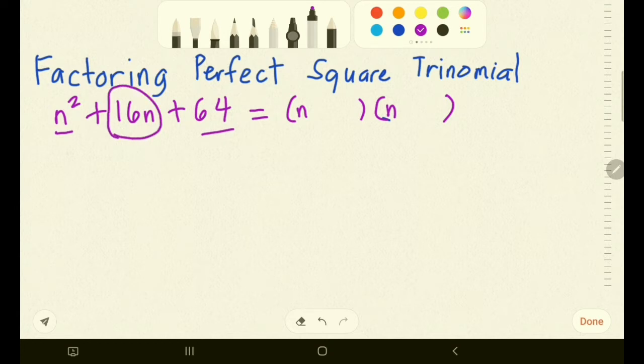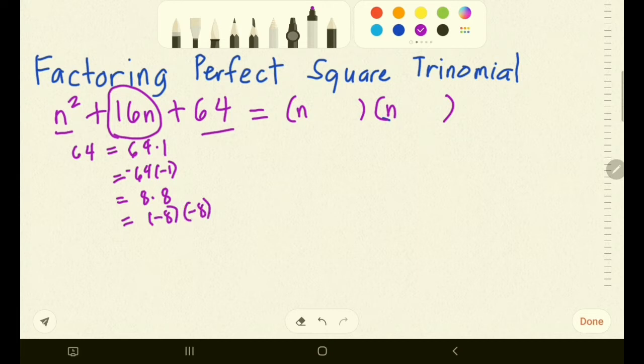There are many factors for 64: 64 times 1, negative 64 times negative 1, 8 times 8, negative 8 times negative 8. Actually, many more.